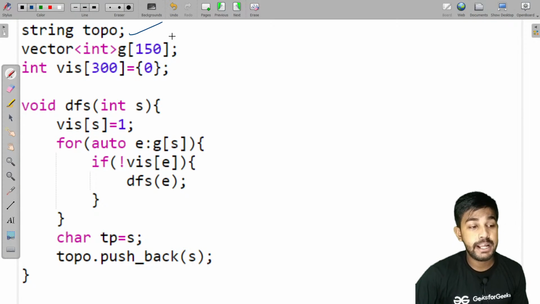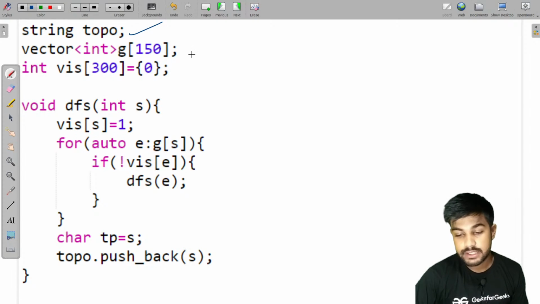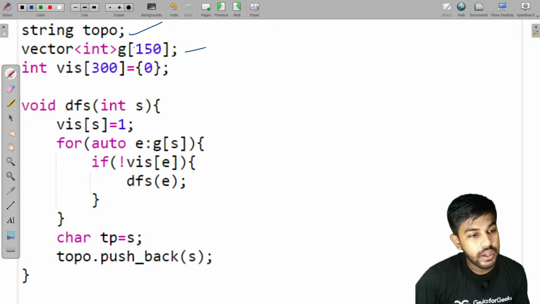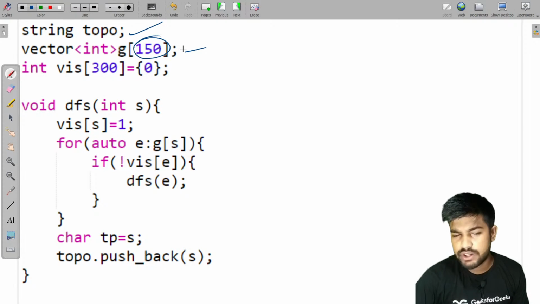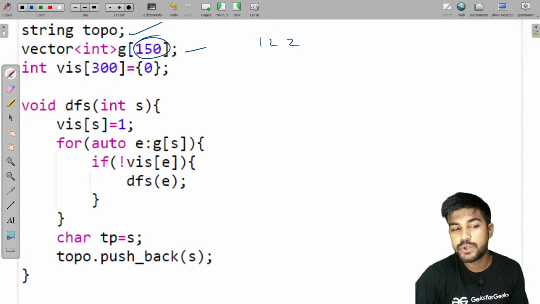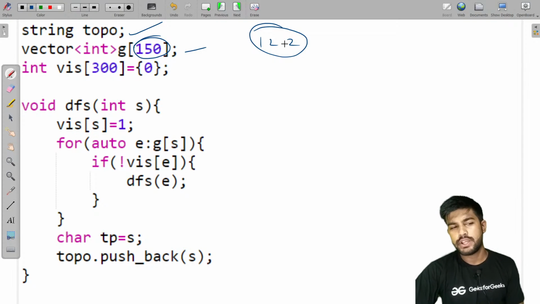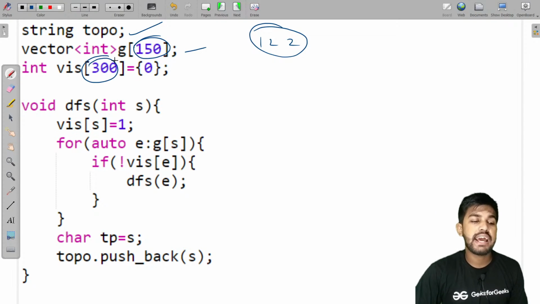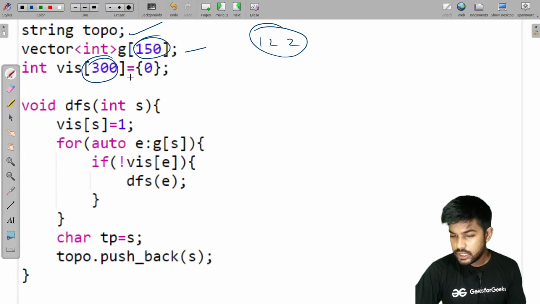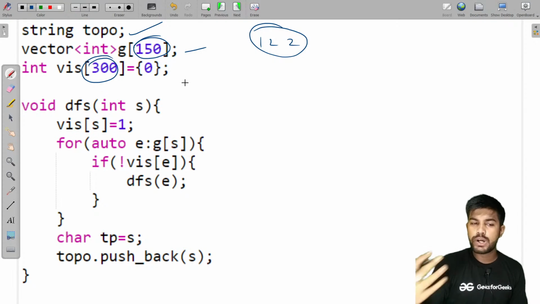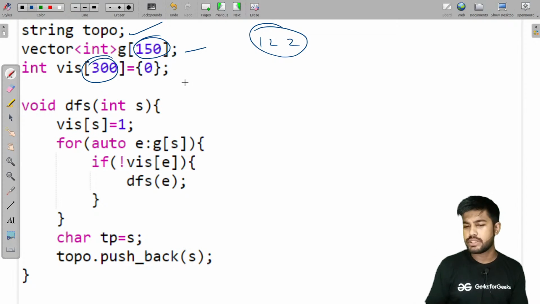I have declared a vector of int array of 150. Okay, 150 I took because it may be 122, but I took 150 to be on the safe side, and visited array as 300. Okay, so I didn't alter anything. I took an upper bound and more than that.